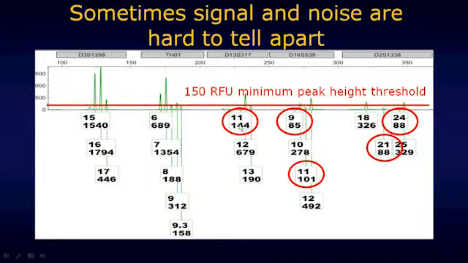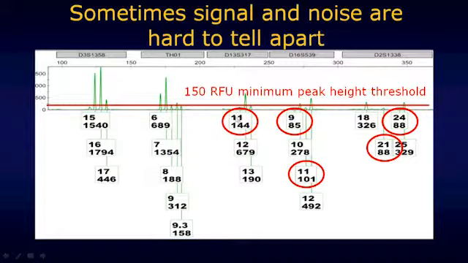It looks different than random noise. If it's really there, that could easily have some implications for the interpretation of this sample. You may be able to include somebody as a possible contributor if the 11 is really there, as opposed to if it's not. By the same token, you might be able to eliminate somebody as a possible contributor on the basis of the presence or absence of some alleles.